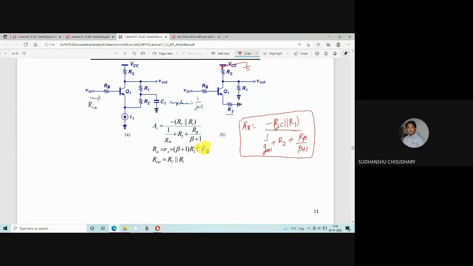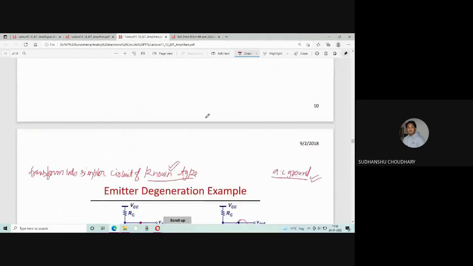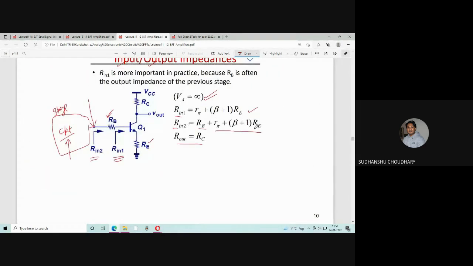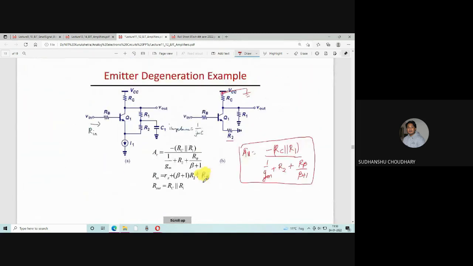Now similarly, the input impedance can be found. We have already found the overall input impedance, looking from this side: RB plus R pi plus beta plus 1 RE. So I'll simply write the same thing here, RB plus R pi plus beta plus 1 RE, where RE is R2. And then the output impedance.